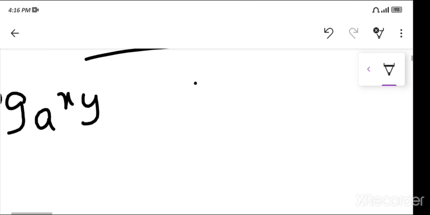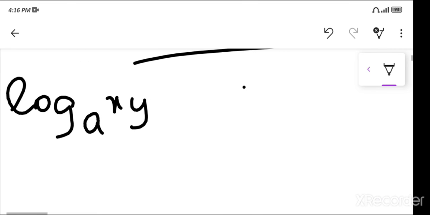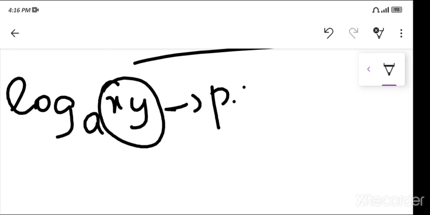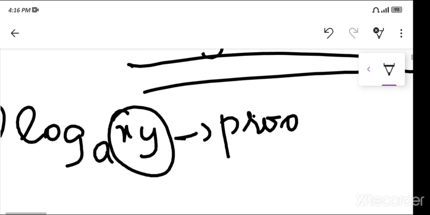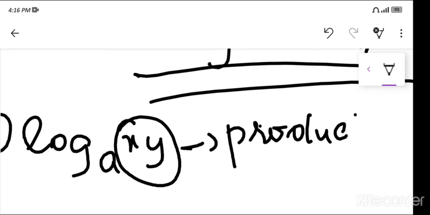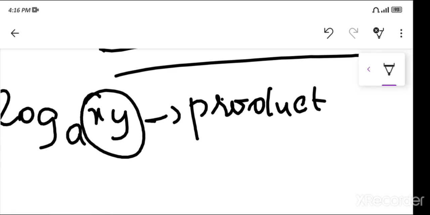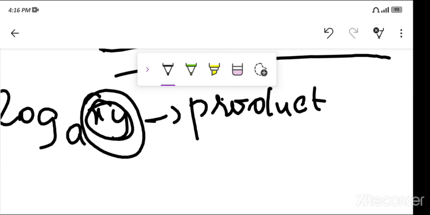Now we have log xy to the base a, and you need to expand it. As you can observe here, this is a product. Product means it got multiplied and it became xy.